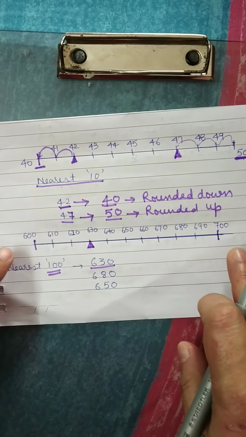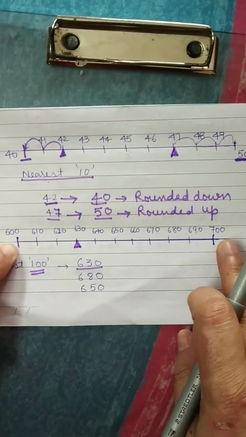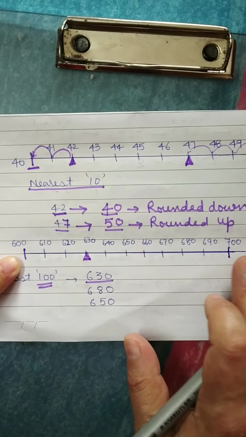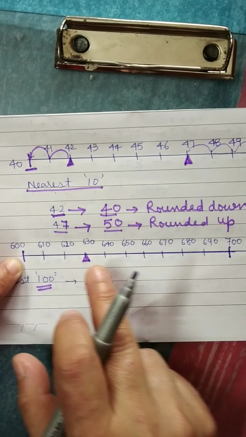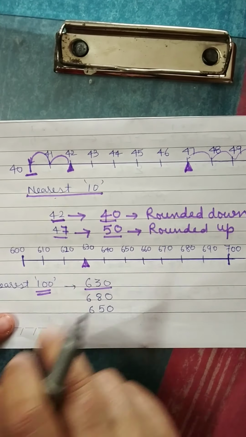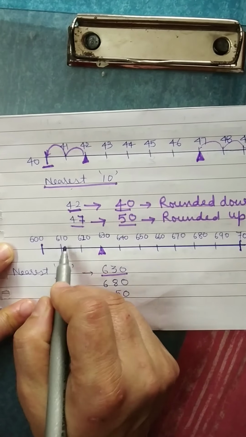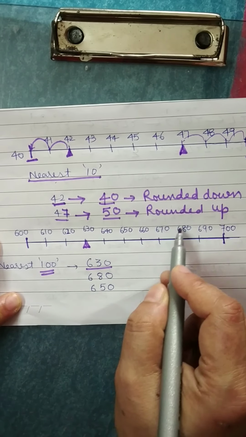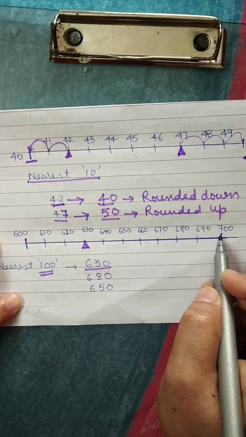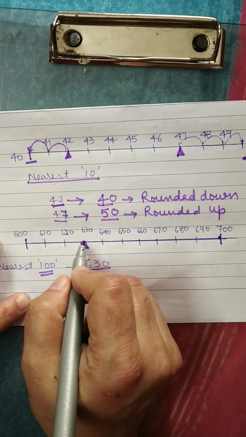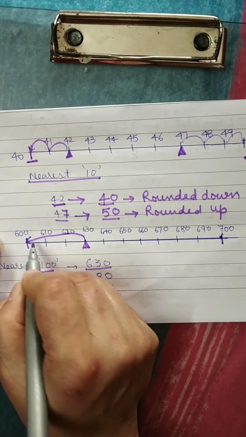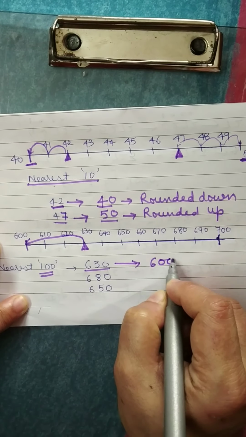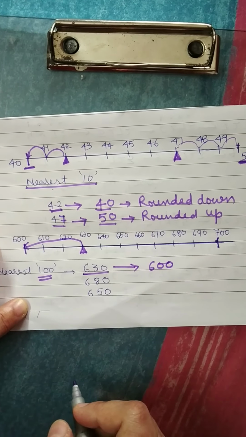So 630 basically lies between 600 and 700. 600 is also a multiple of 100. 700 is also a multiple of 100. And in between we can find 630. So 1, 2 and 3 steps to reach 600, whereas 1, 2, 3, 4, 5, 6 and 7 steps to reach 700. So we can easily say that 600 is the nearest multiple of 100 for 630.